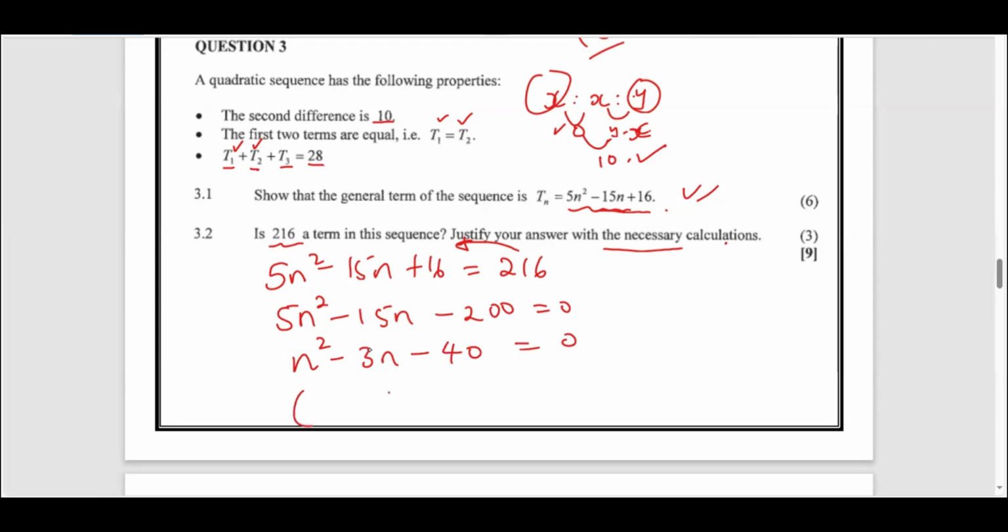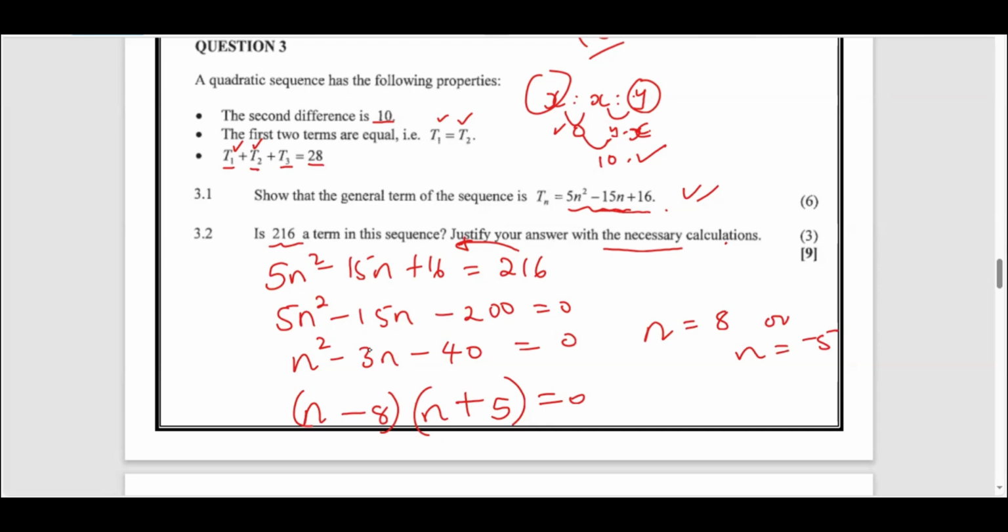Then I can use my factors. That will be 8 and 5, n and 8, n and 5. So since I'm talking about a negative and a positive, it's either n is going to be 8 or n is going to be negative 5.